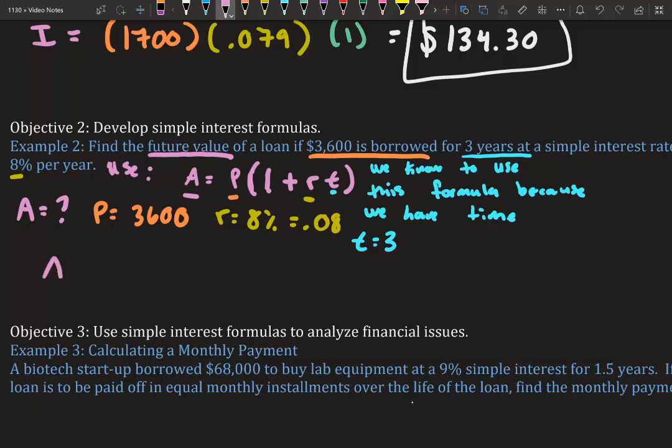We have our future value equals our principal, which is 3,600, times 1 plus RT, our rate is 0.08, and we're doing that rate for 3 years.